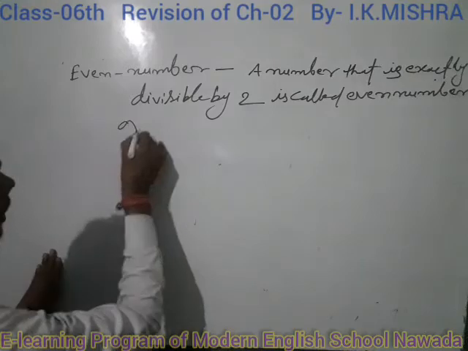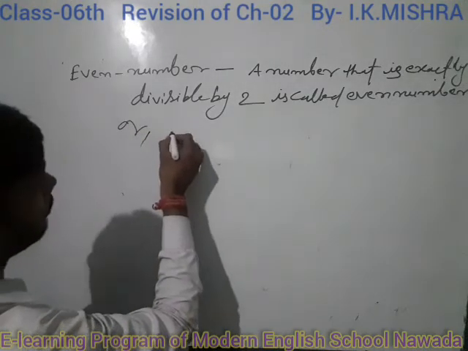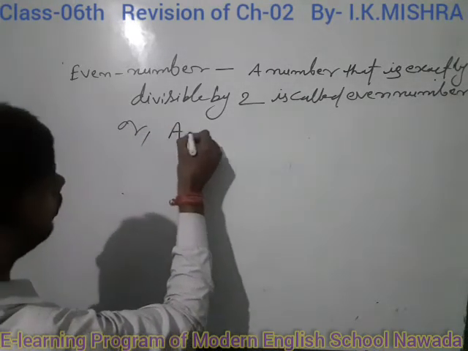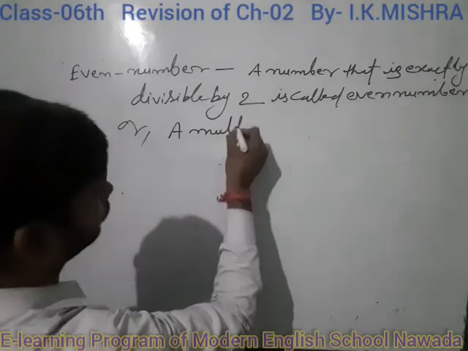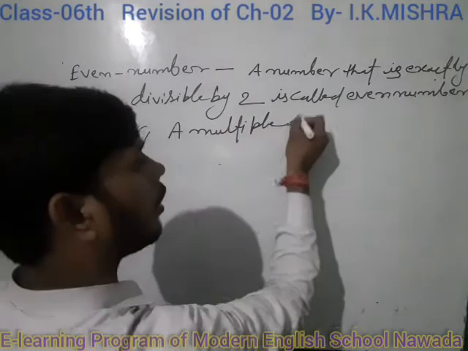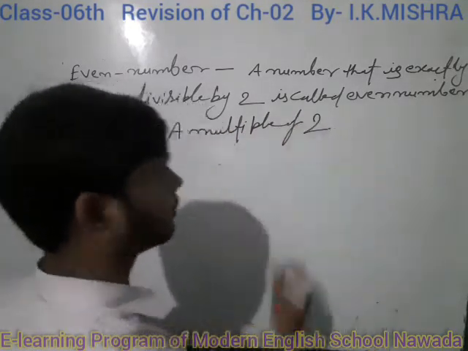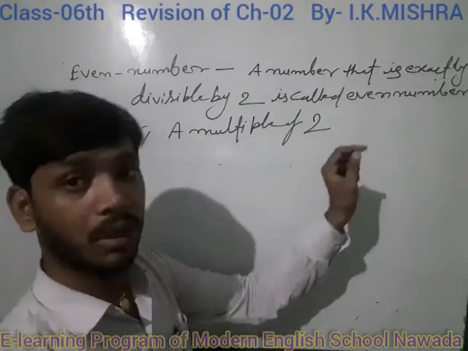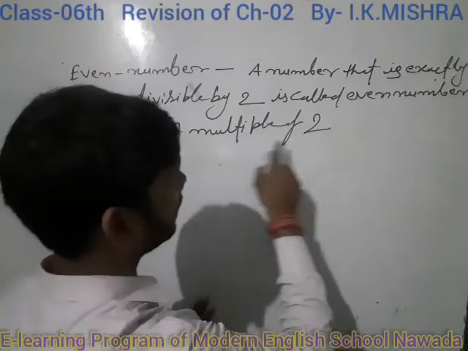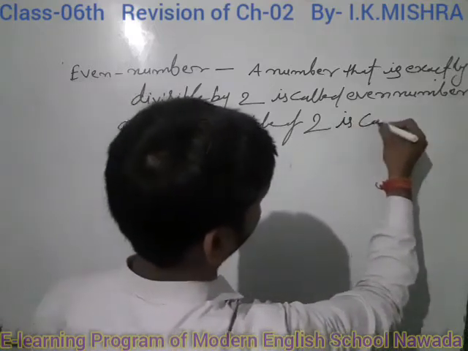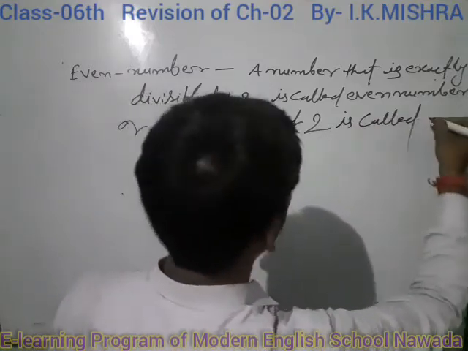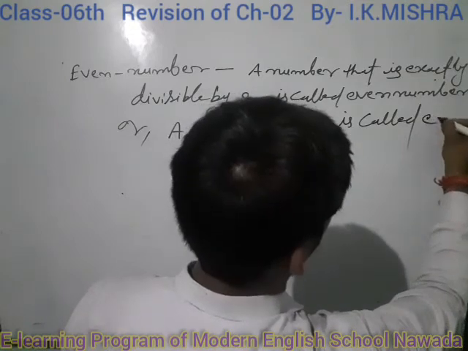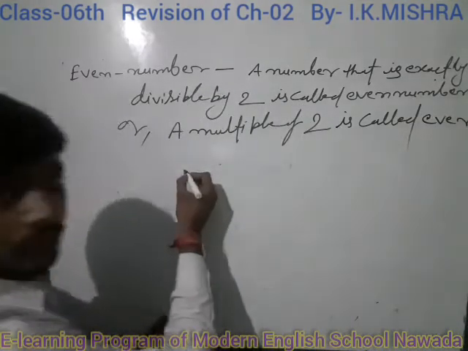Or you can also define it as a multiple of 2, that means that number will be divisible by 2. A multiple of 2 is called an even number.